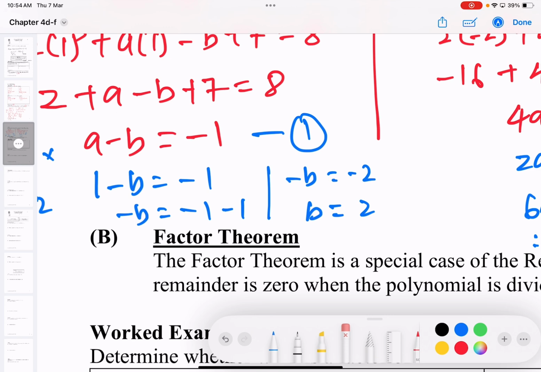This minus, so become negative 2. So become 4A minus 8 minus 6. Yes, okay.